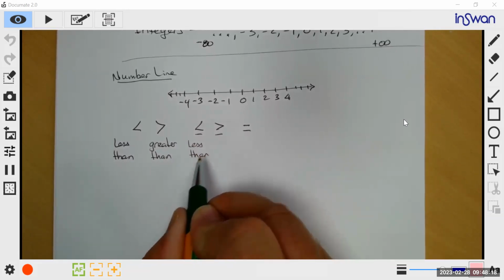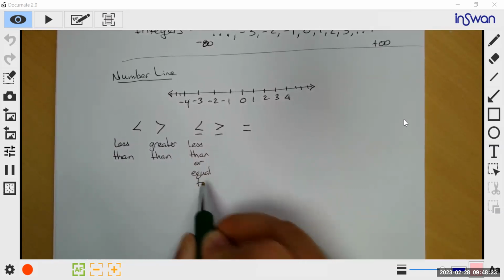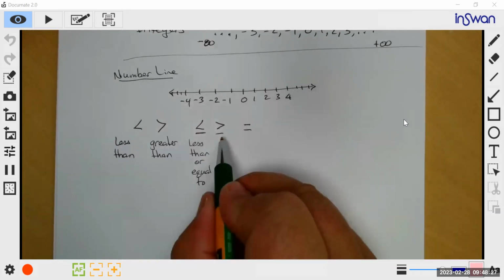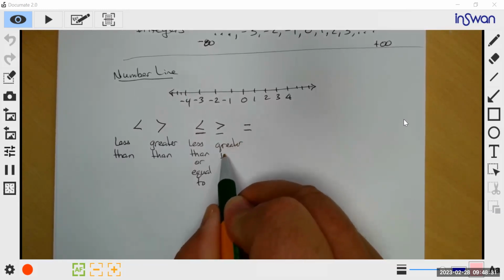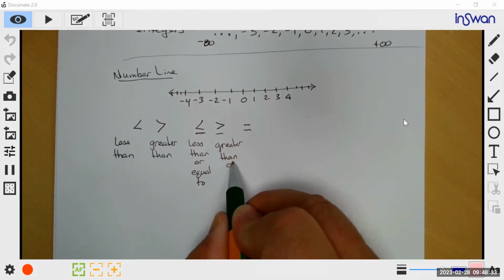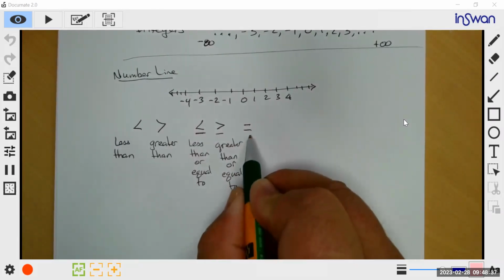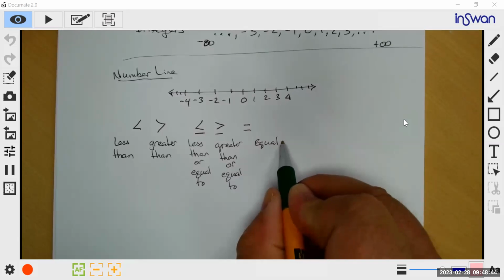Less than or equal to, because of this line down here. And this one is greater than or equal to. And then that means the last one is what? Equals or equal to.